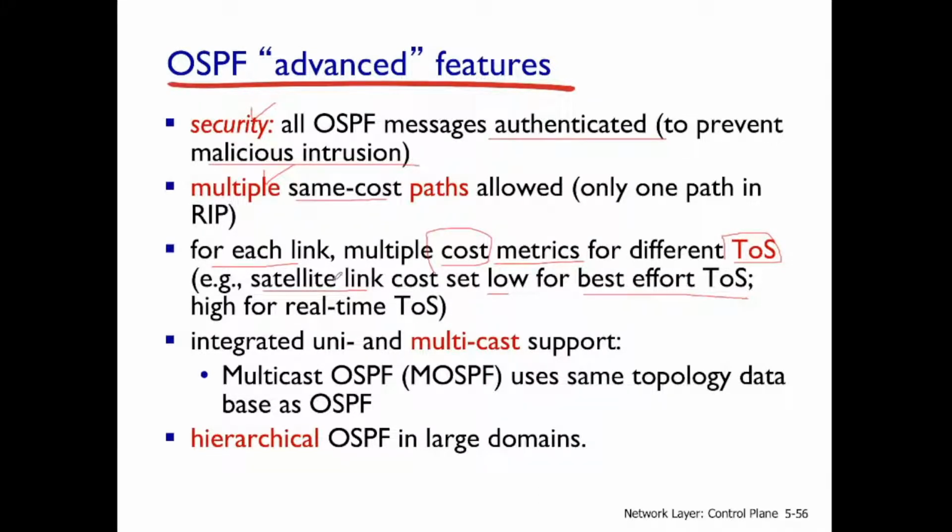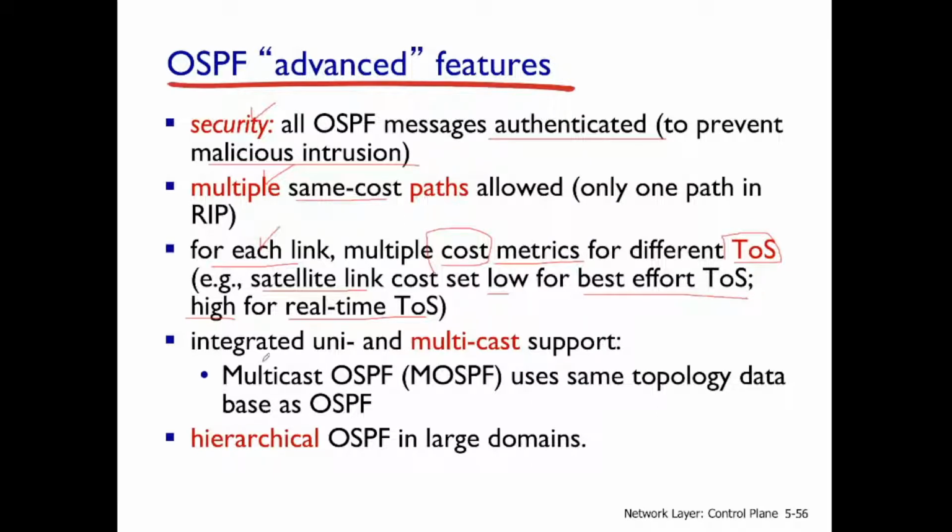Because you would then prefer using the satellite link if the data does not require timely delivery. On the other hand, if the data is real time, then set the satellite link cost high. Therefore, we avoid choosing a satellite link along the path to deliver the real-time data.